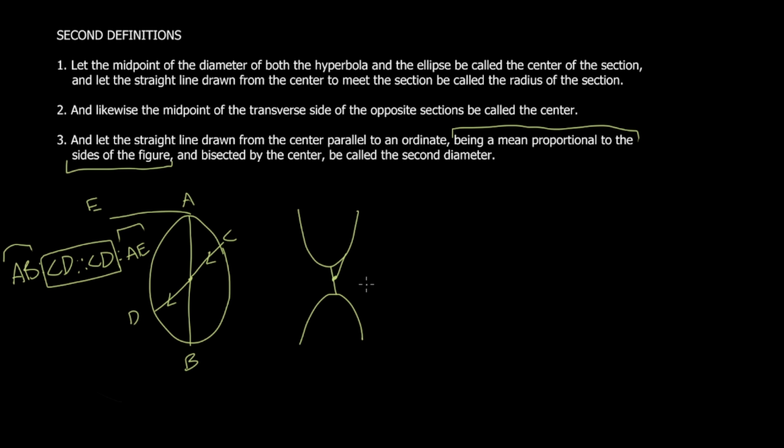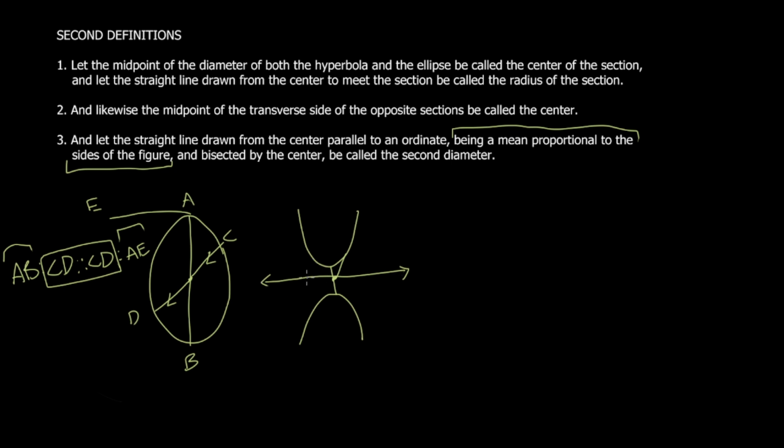But, for example, if you had a hyperbola and you were going to draw a second diameter, the second diameter might look like this. And it's not clear that this line would necessarily have a definite length, right? Why would it? It's not bounded by something particular.